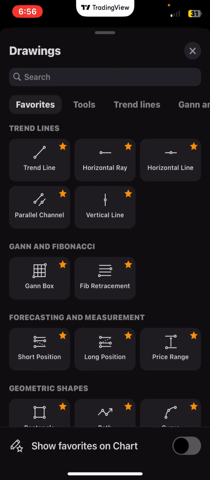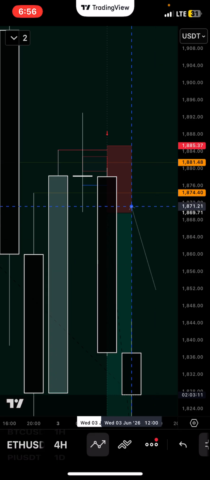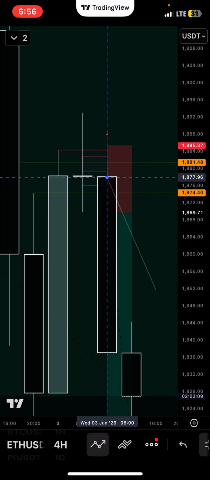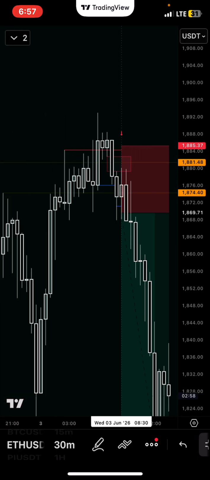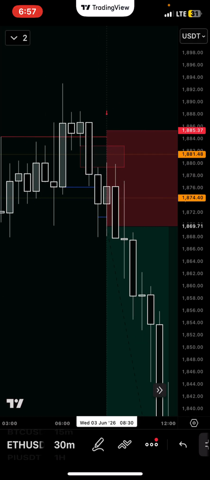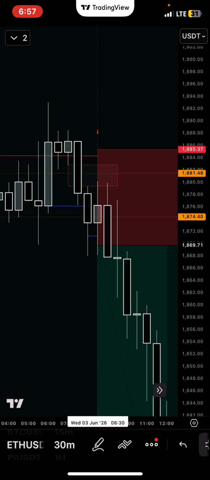Let me use this arrow so that you see. It opens here, creates a high with this wick, comes down, creates a low, and then closes above that low. So on the 30-minute time frame, after price has broken structure and it retraces, we are trying to capitalize on that retracement.